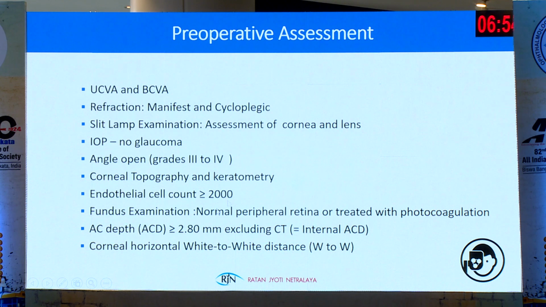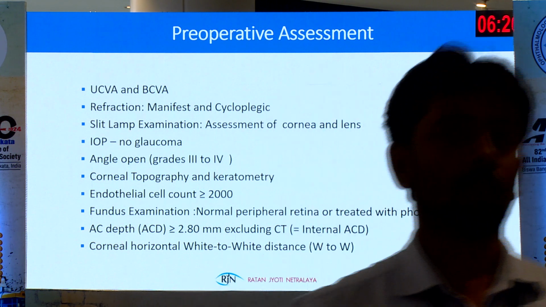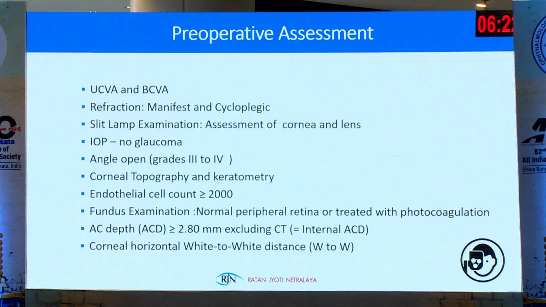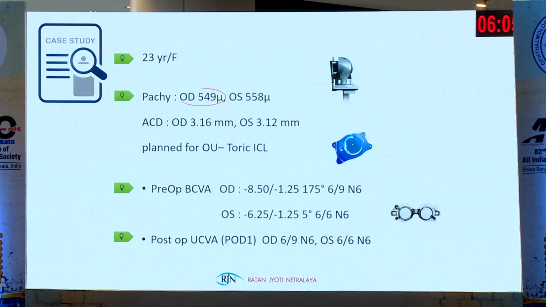But the two important things which are useful in this procedure for the ICL or phakic lenses are that our AC depth internal from the back surface of the cornea should be more than or equal to 2.80 millimeter, excluding the corneal thickness, and the corneal horizontal white-to-white measurement has to be done, and our endothelial cell count should be more than or equal to 2000, and the rest of the investigations as we do in all the refractive procedures: complete uncorrected, best corrected visual acuity, cycloplegic and manifest refraction, etc. And the angle should not be less than grade 2, and it should be wide open.